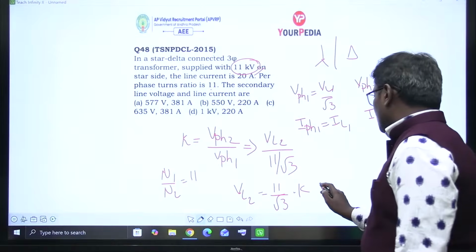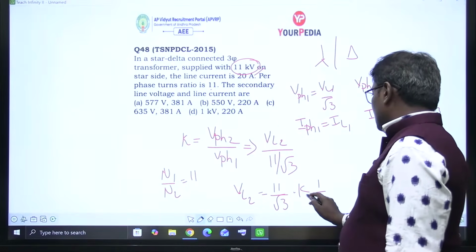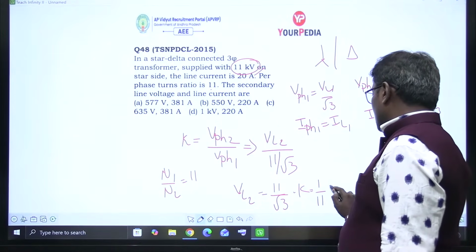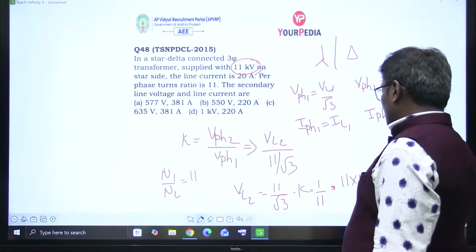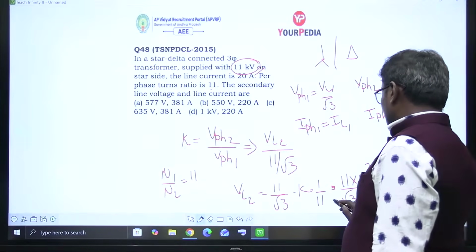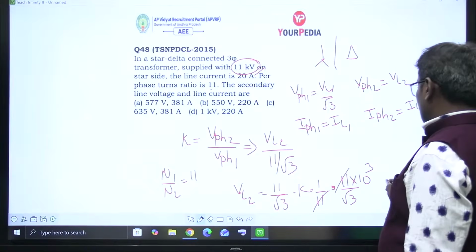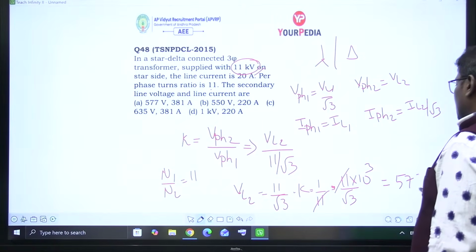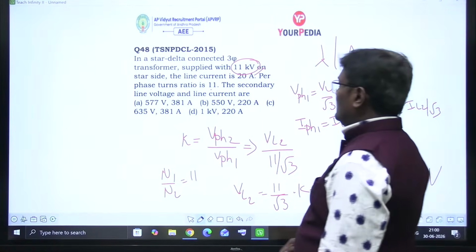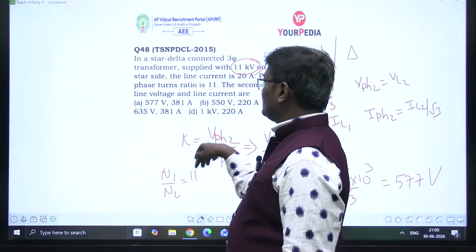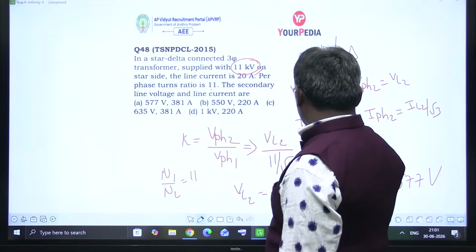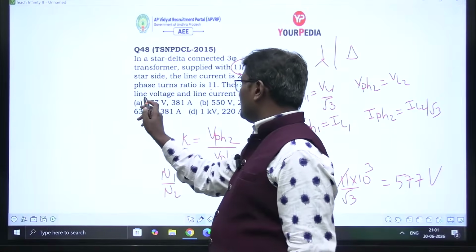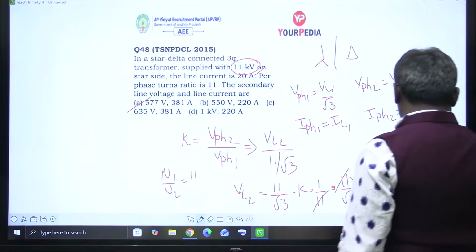N2 by N1 is 1 by 11. So 1 by 11 into 11 kV, 11 into 10 to the power of 3 by root 3. 11 will be cancelled. That should be equal to 577 volts. So out of these options, yes, 11 by 1 by root 3, correct. This is 381 amperes.